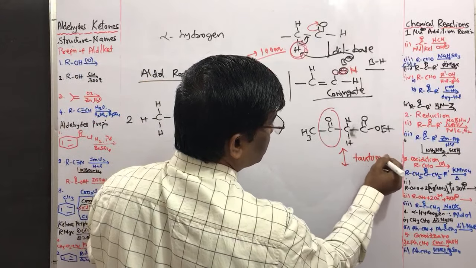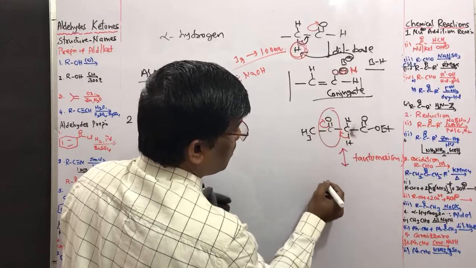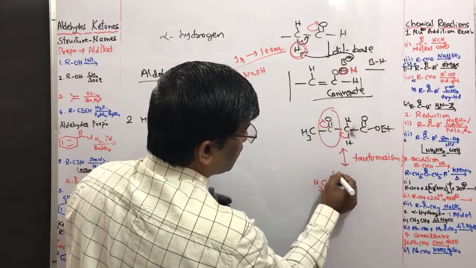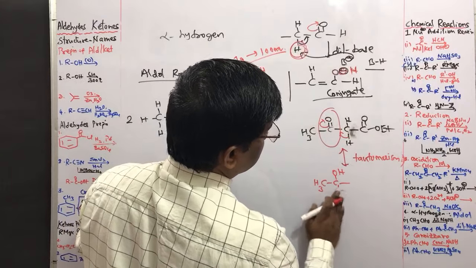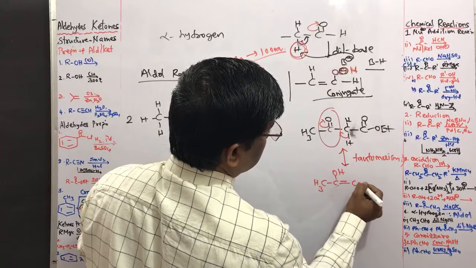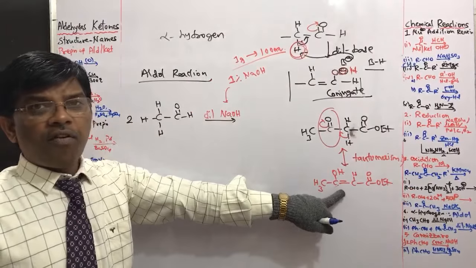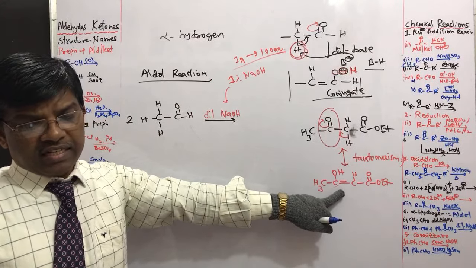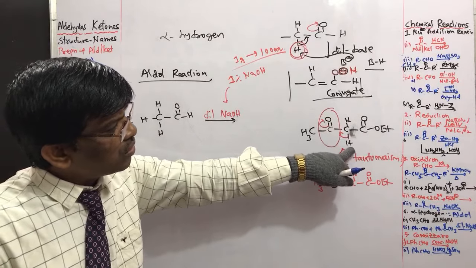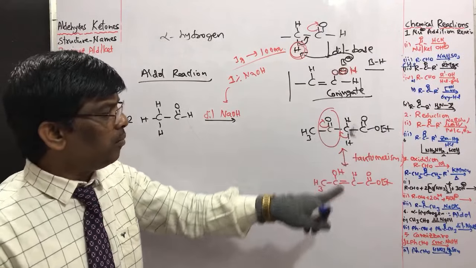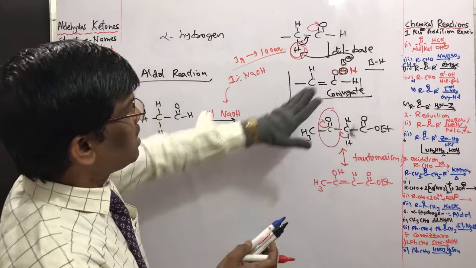This is tautomerism. Yes, students, don't worry. The enol form is more in ethyl acetoacetate because this enol is easily formable. This is a highly acidic proton because enolization takes place very easily. So stick to this, don't worry.